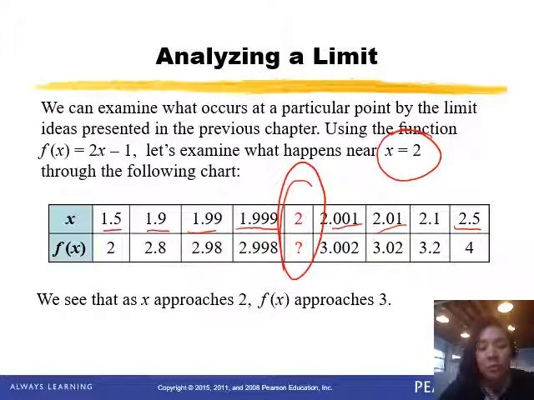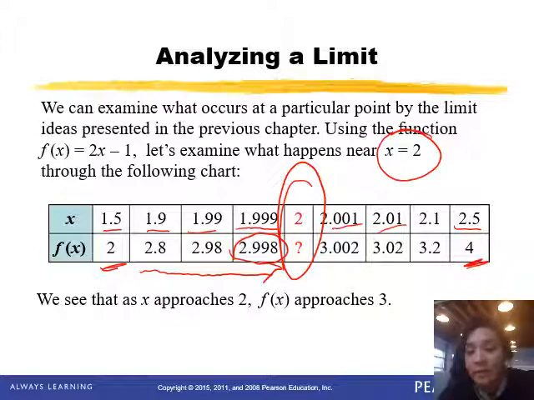And you can see when x is 1.5, f of x is 2, and as we move towards x equals 2, you can see that f of x approaches 2.98, and then to the right of it, at x equals 2.5, f of x is equal to 4, and as we approach x equals 2, you can see that f of x is 3.002. So what is happening as x approaches 2? f of x approaches 3.